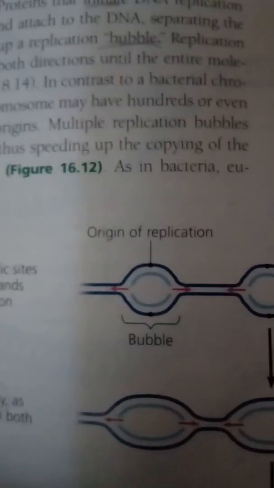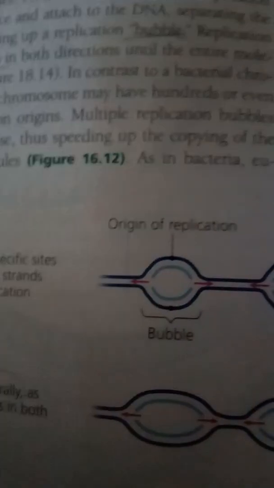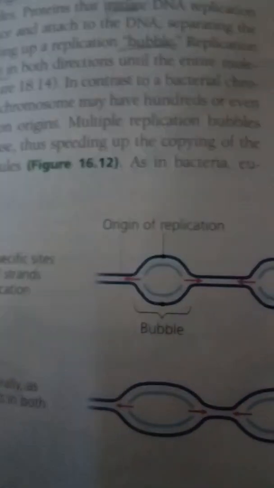Let's continue getting started with origins of replication. The replication of a DNA molecule begins at special sites called origins of replication. The bacterial chromosome, which is circular, has a single origin, a stretch of DNA having a specific sequence of nucleotides.